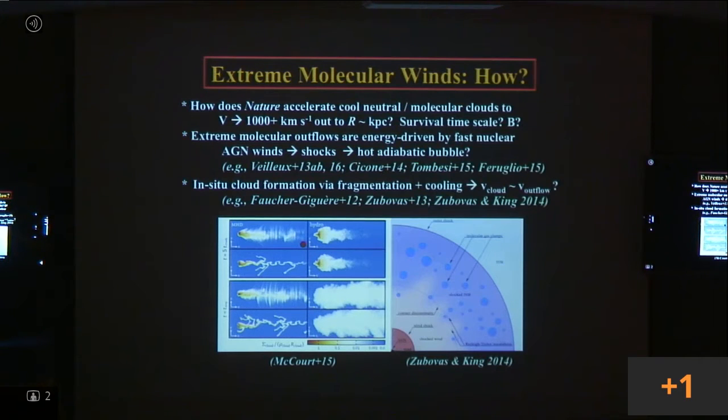So that possibility is that the shocked ISM eventually cools down, fragments, becomes thermally unstable, and produces those clumps, which become neutral clouds and then the molecular clouds that we detect. So that's one possibility. One question, though, is do we detect these nuclear AGN winds in these systems? Because that's the requirement.